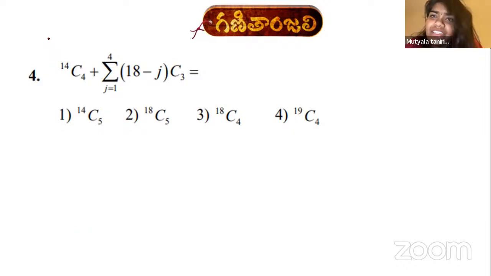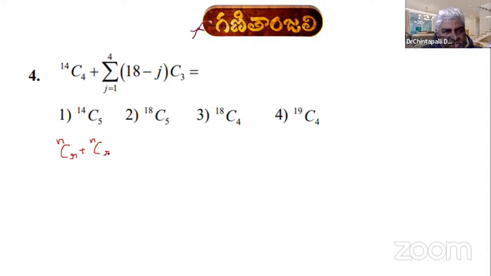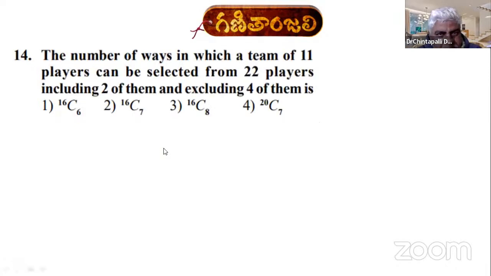Right, the formula is NCR plus NCR minus 1 is equal to N plus 1 CR. Very good.